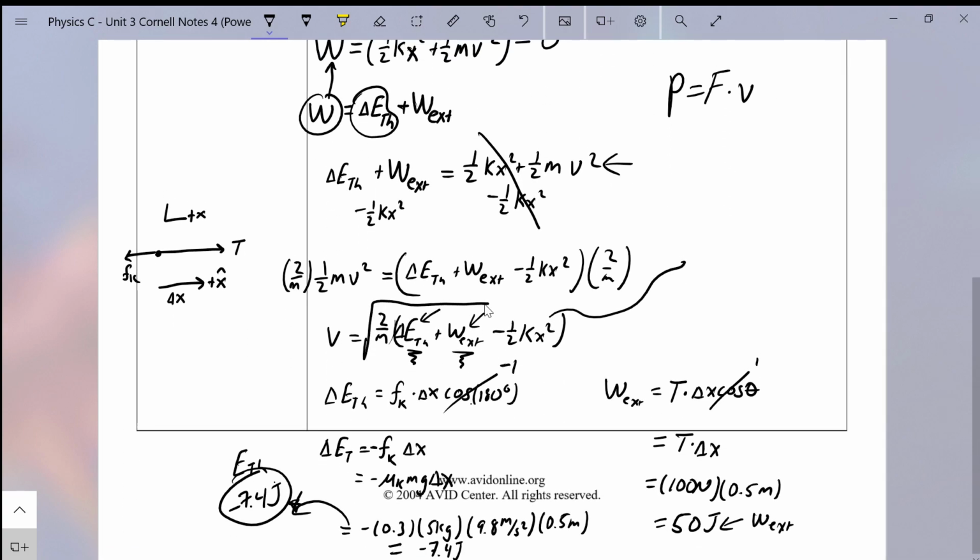Oh, I forgot, we take the square root of this whole thing, because this was v squared and this is v. Once we get our velocity v, we could plug it in here for our power.